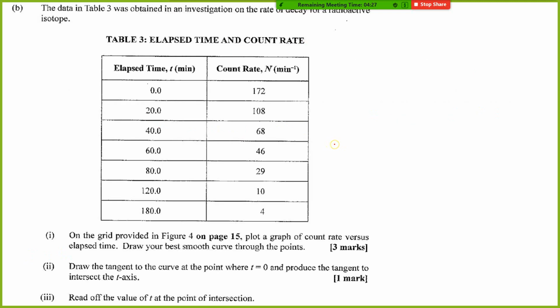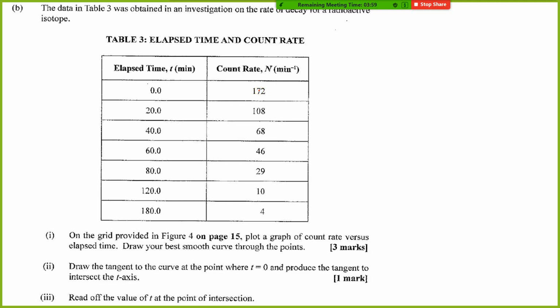Then it goes to the next question, and it says to look at this. It's talking about a count rate. We can do experiments to carry out some type of radioactive decay. The data here shows what is essentially happening to the radioactive substance.